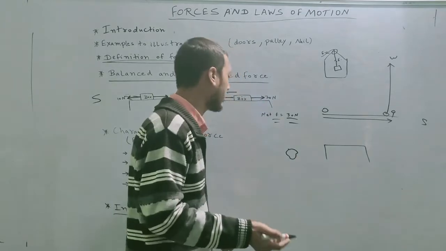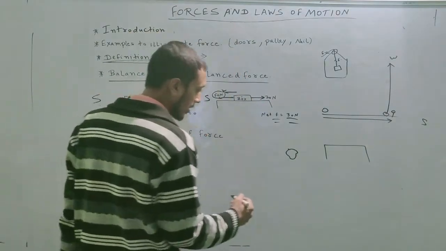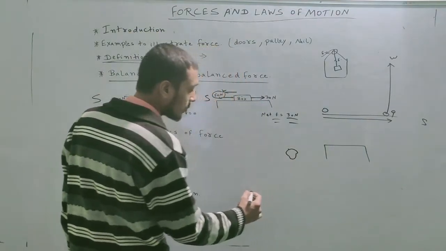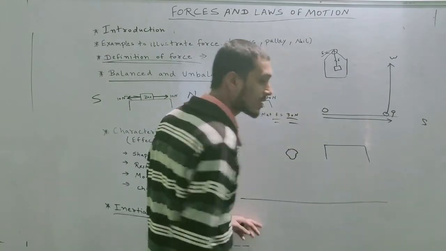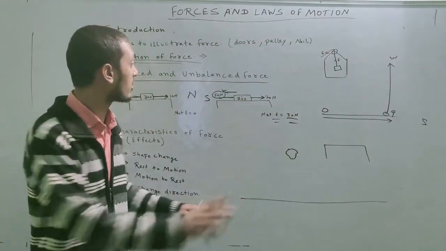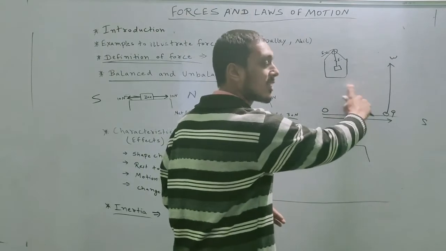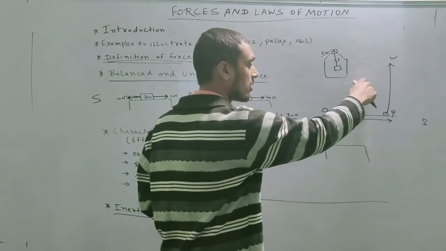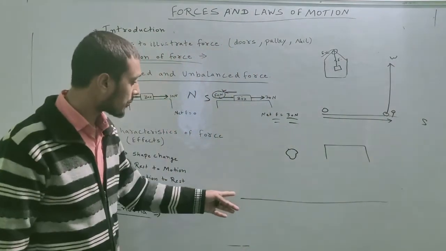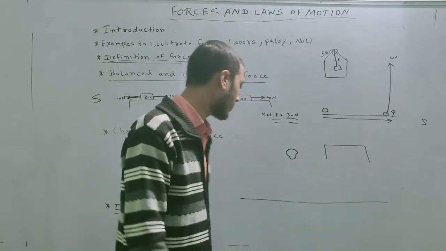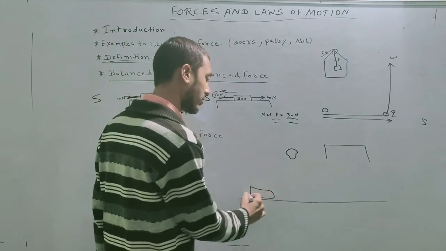Let us take another example. Suppose this is a frictionless surface, there is no friction, like this whiteboard. Friction is very less. If you walk over this, you can fall down. Suppose on a frictionless surface, a bicycle is moving.